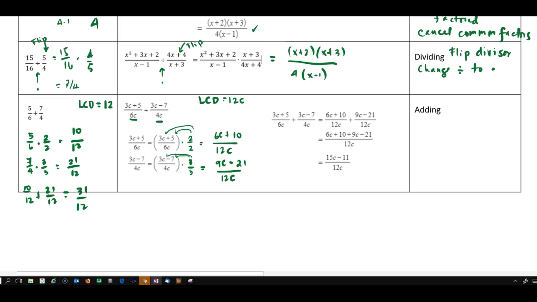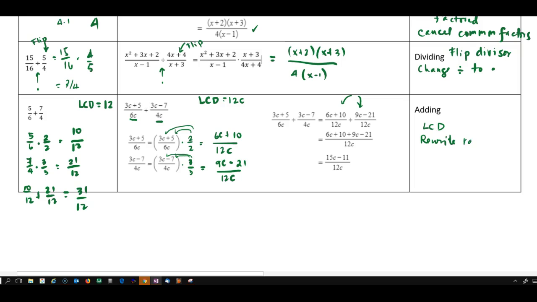Now that they have the same denominator, add them. So combine the numerators, and if there's anything that will factor out, do so. Still cancel common factors, although in this example we don't need to do that. The key step here is to get the LCD.